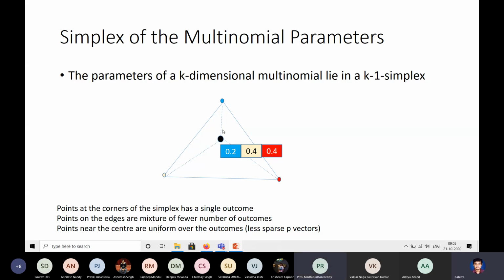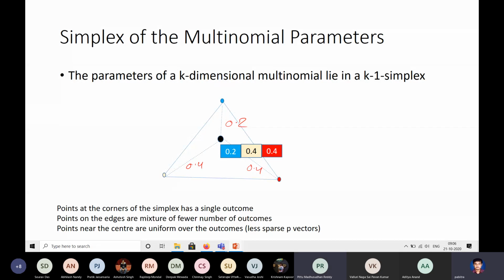This should be 0.2, this should be 0.4, and this should be 0.4. Now, since these 3 quantities add up to 1, every three-dimensional multinoulli would lie inside this triangle.